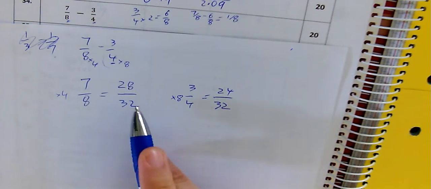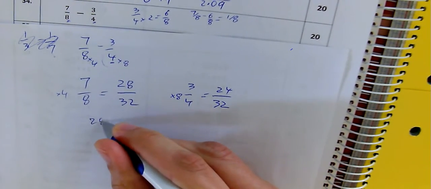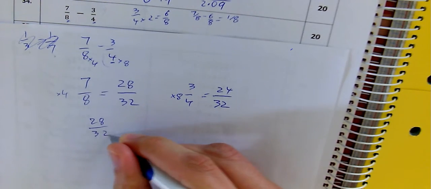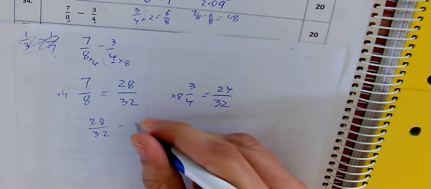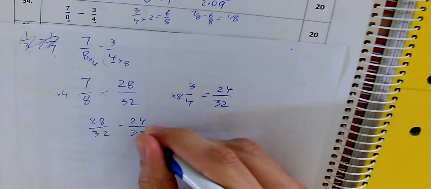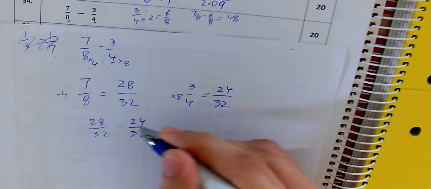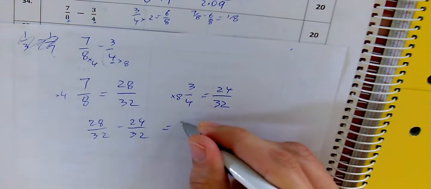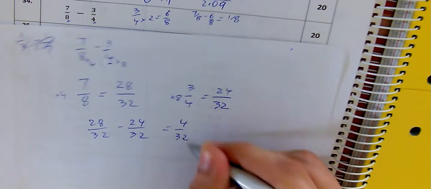So now we've got what we call like terms. We've got identical denominators. 28 take 24 equals 4 over 32.